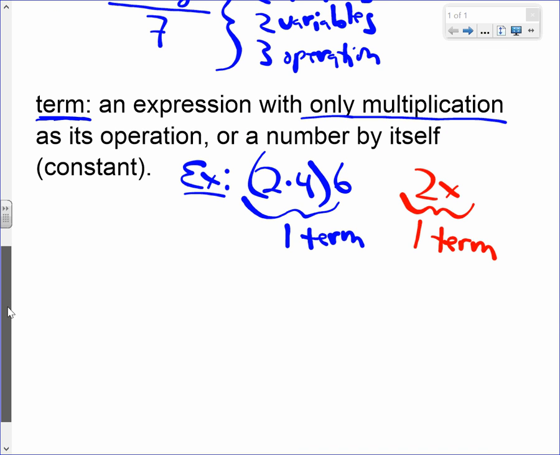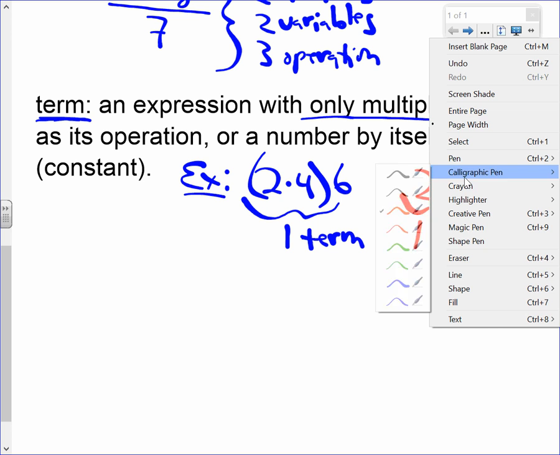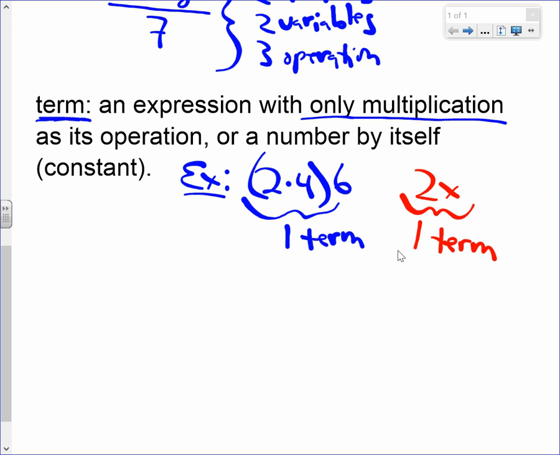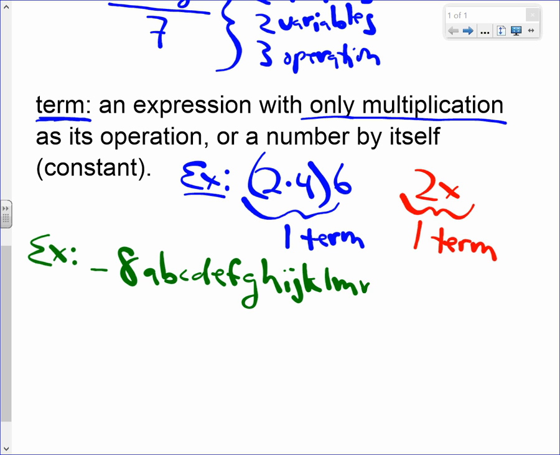I lied. One more example. Last example. So I'm just throwing examples out, just a mishmash here. How many terms would this one be? Negative 8 A, B, C, D, and so on through Z. How many terms is that?